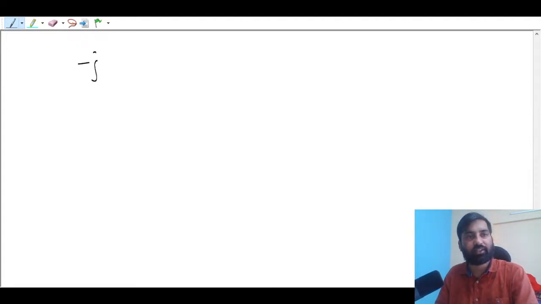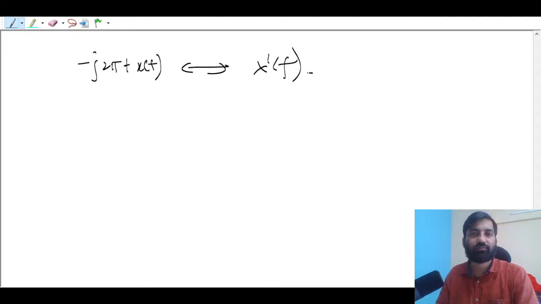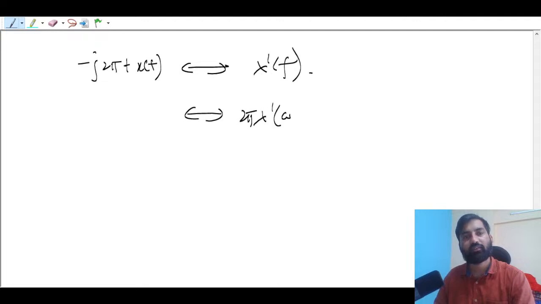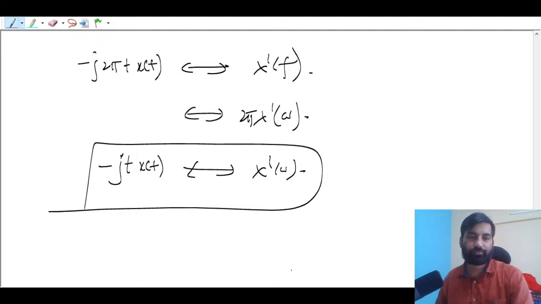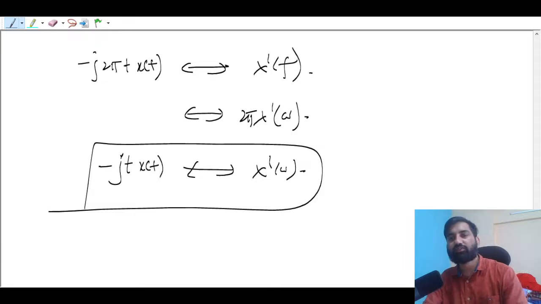Again, minus j 2 pi t x(t) in the f domain is X'(f); in the omega form, the 2 pi gets cancelled, so minus j t x(t) has the Fourier transform X'(omega). This is one of the important facts.